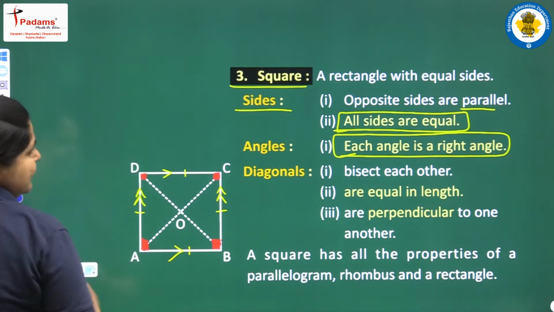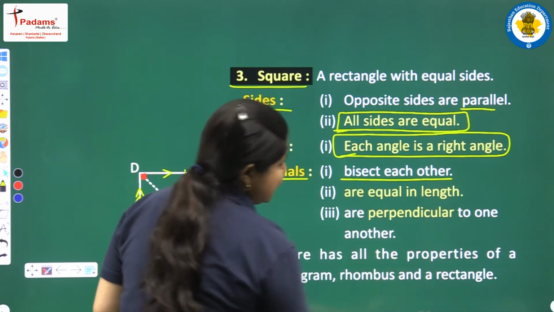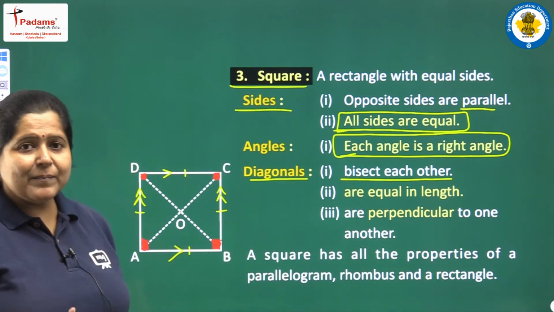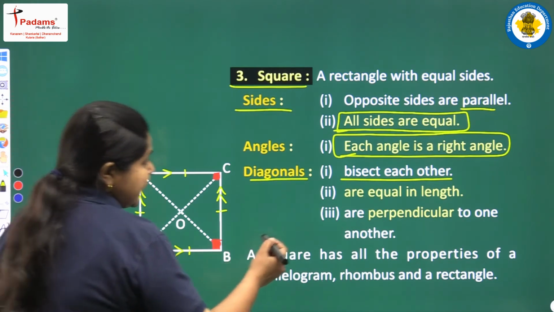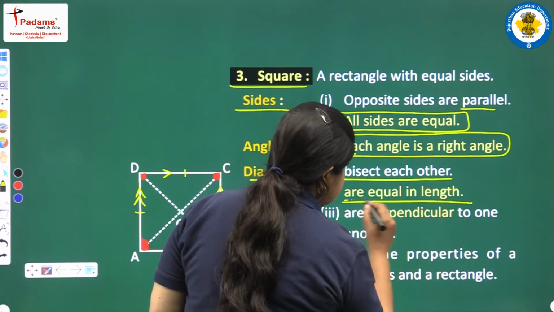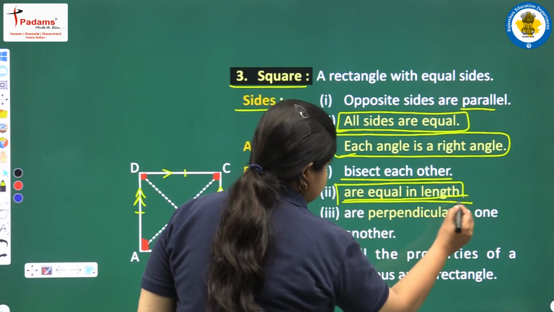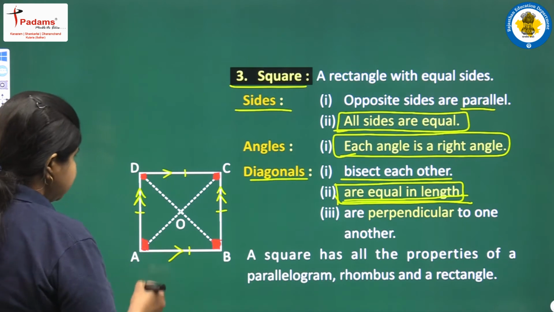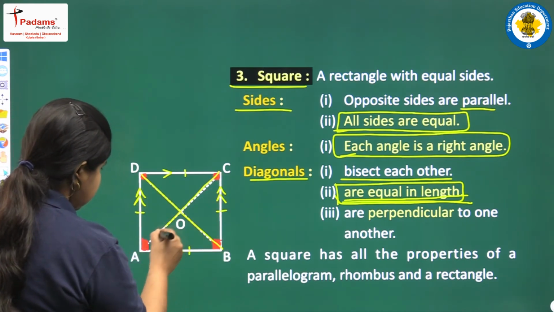Then we have the diagonals. Diagonals bisect each other. Yes, it is very common in a parallelogram. The diagonals bisect each other. The diagonals are equal in length. This is again the special feature of a square. You can see the two diagonals BD and this AC.